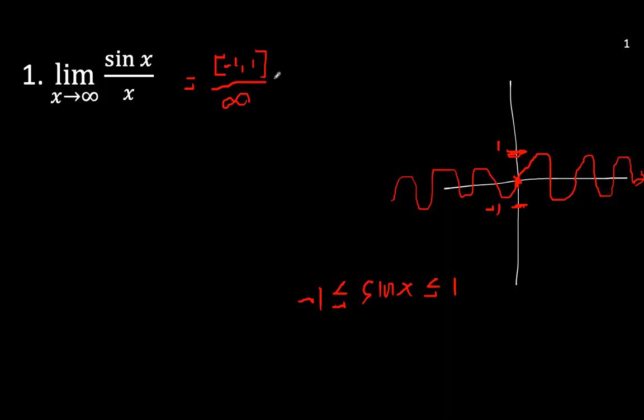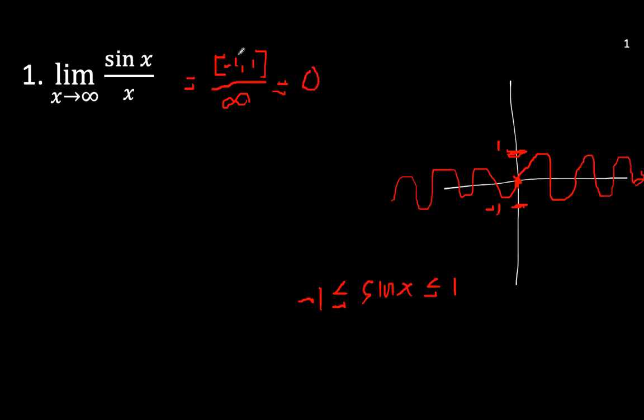Now, whatever the numerator is from -1 to 1, since x is getting bigger and bigger, a very large number, we know that when a fraction has a very big denominator and the numerator is constant, the value of the fraction or the expression approaches 0.